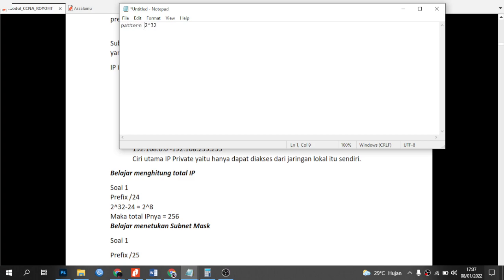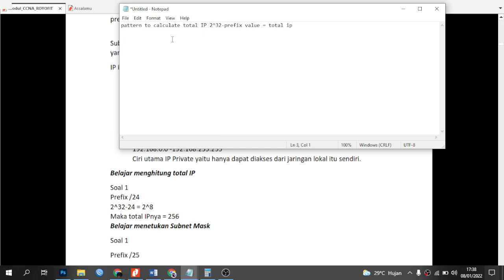The pattern to find the total IP from the prefix is: 2 to the power of (32 minus prefix value) equals the total IP.